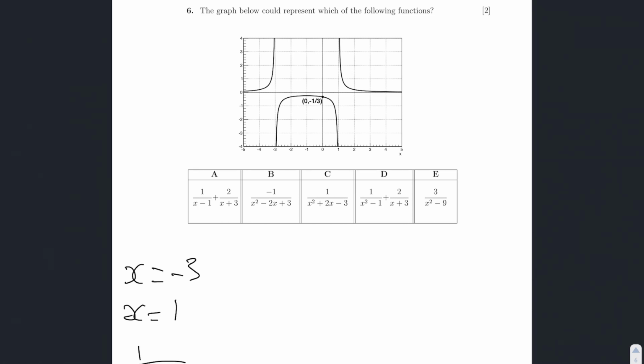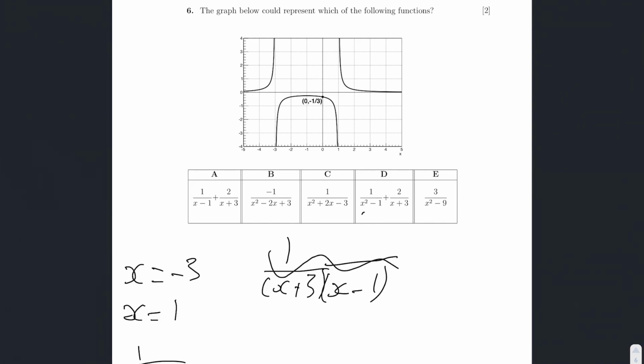Checking B, I'm not sure about B because that's a bit hard to factorize, but let's look at C. C is 1 over (x plus 3)(x minus 1). So that one checks out, so C is fine.